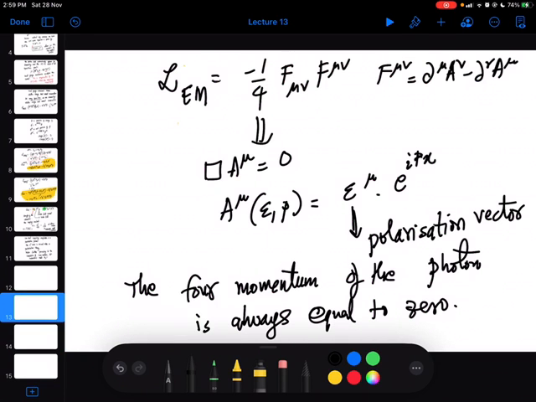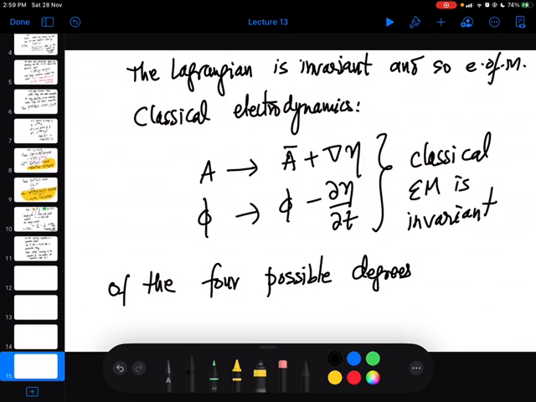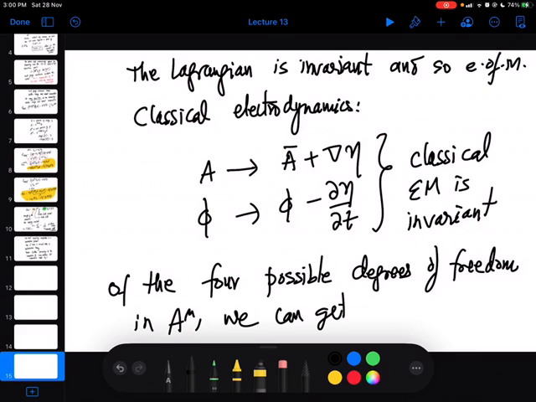Say for example, of the four possible degrees of freedom in A mu, or epsilon mu actually, we can get rid of two of them.